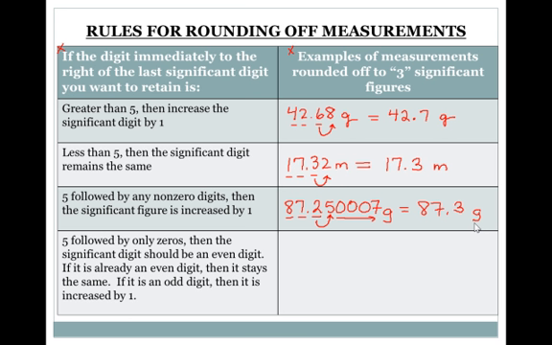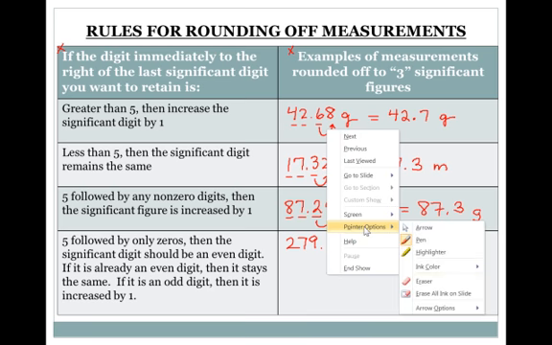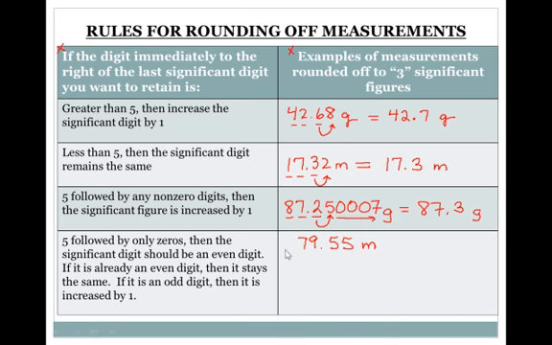Okay, here's an example. Let's make that 79.55 meters, and we want to round to 3 sig figs. So we're going to count 1, 2, 3.